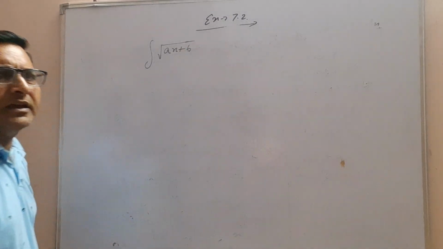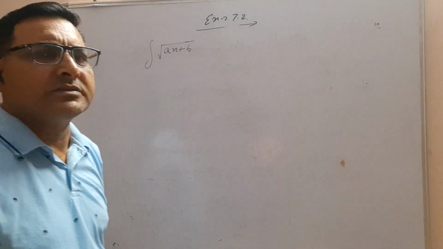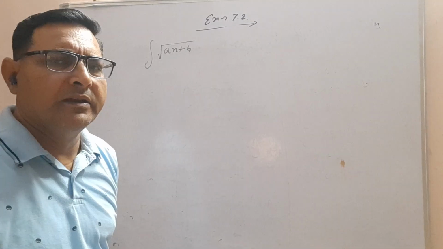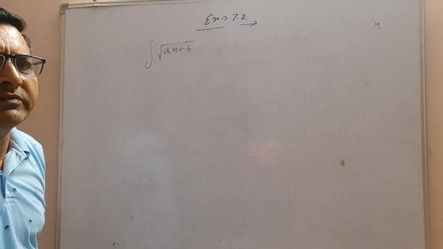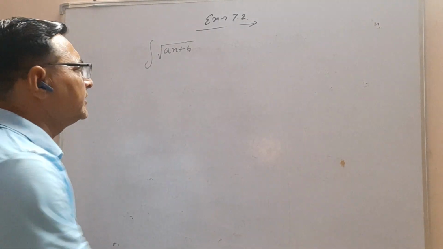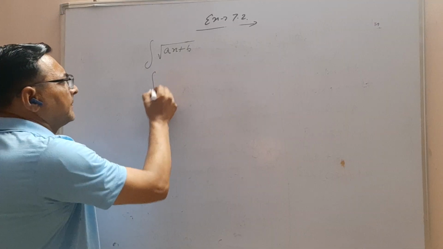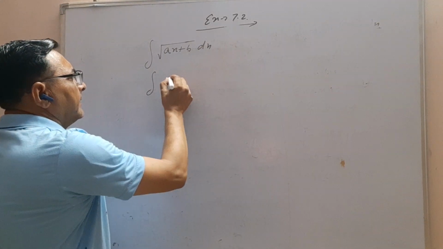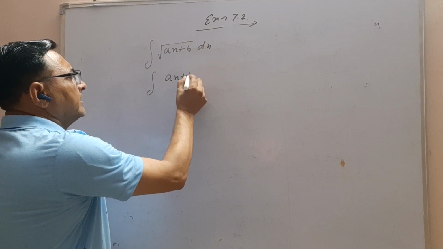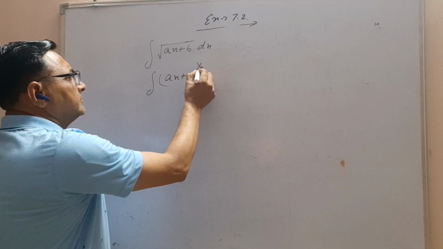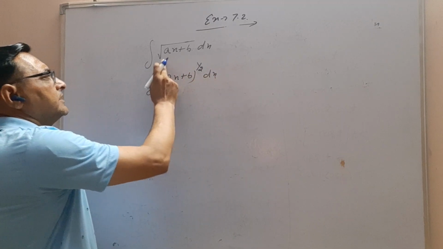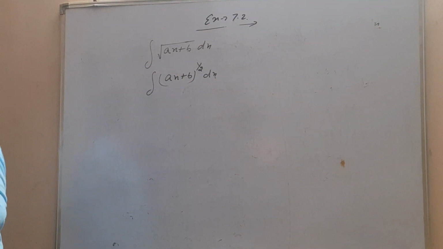Now there is the square root. Square root means its power is 1 by 2. So first of all we will convert it into the power, ax plus b power 1 by 2. If we remove this square root, it means its power is 1 by 2.